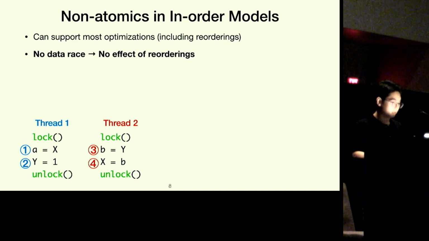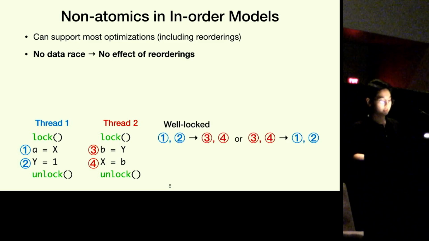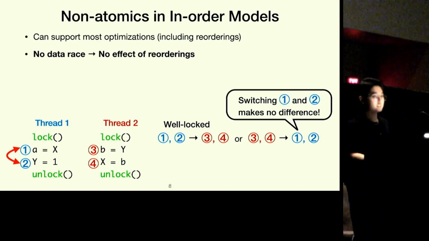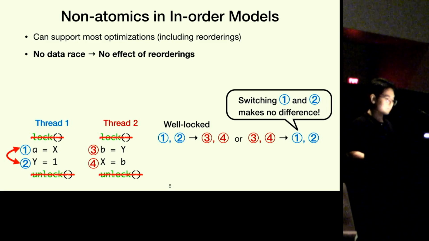Here, in any execution of this program, one thread should be executed entirely before the other because of the lock. Then, there is no effect of reordering the two instructions of thread 1, because switching instructions 1 and 2 in these executions makes no difference at all. Now, what if we remove lock and unlock from the two threads?